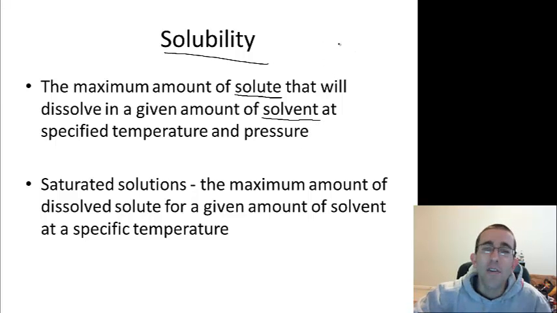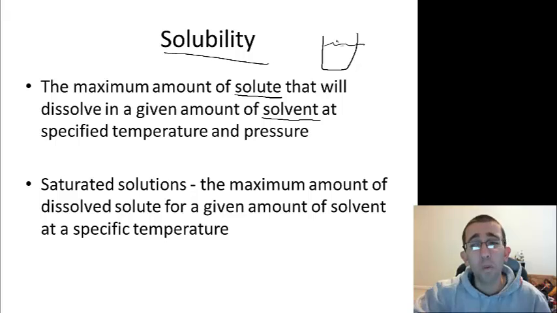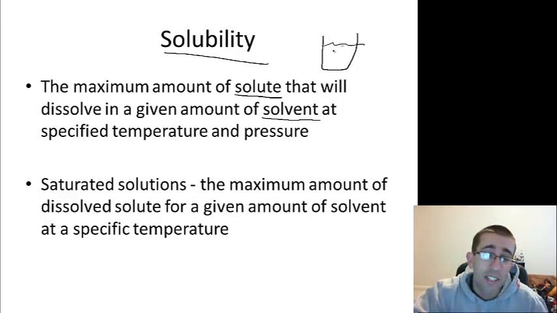If you've ever tried to dissolve sugar into water or salt into water, you can have a container and you can put salt in it or sugar in it and dissolve, dissolve, dissolve. Eventually, though, you'll add it and it'll just start building up at the bottom, meaning your liquid, in this case water, your solvent, can't hold any more solute.